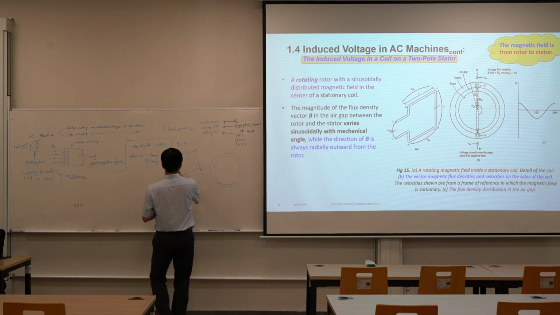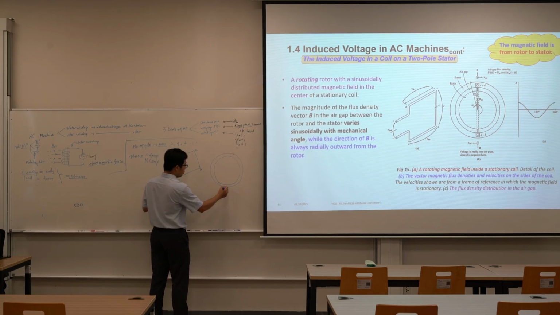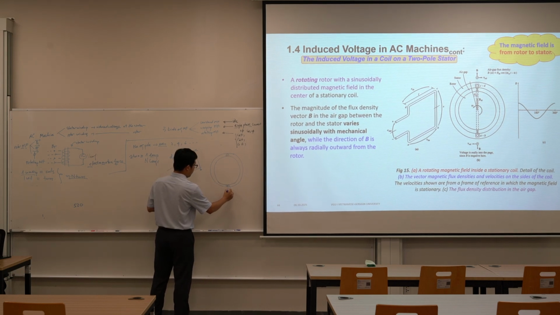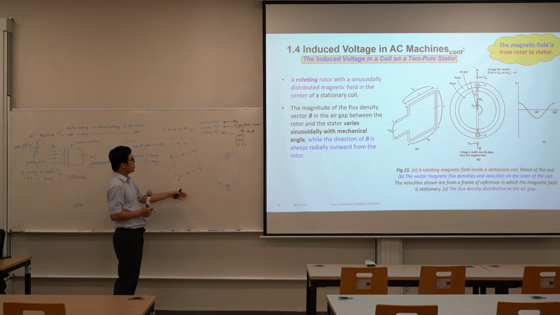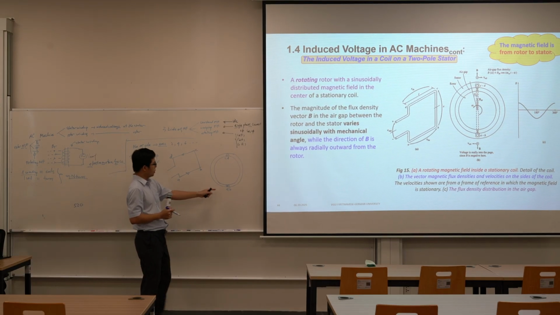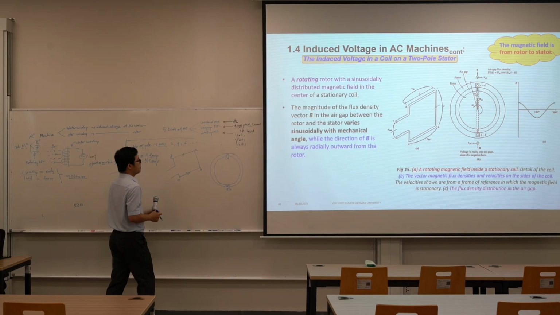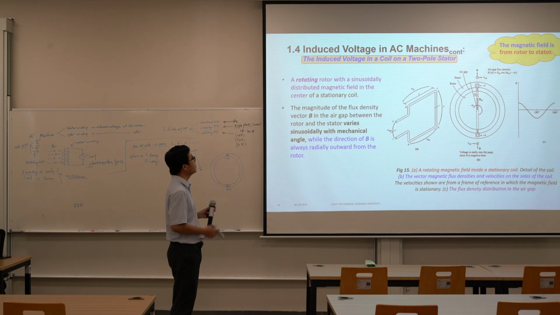If we put this loop inside the stator, here is A, and this is C, because the current flows this way. If the current flows into the surface, you get a cross. If the current flows out of the surface, you get a dot.